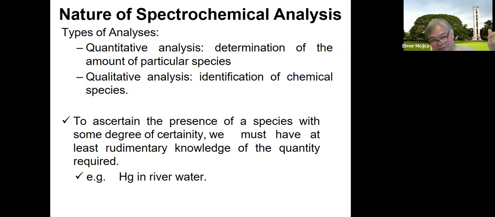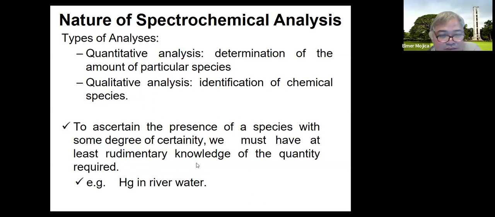So the first thing that you're going to do is a qualitative analysis that answers the question, is it present? Okay. So if the answer is yes, it is present, the next thing that you're going to do is ask how much is present. So at least we have a rudimentary knowledge of the quantity that is required. For example, mercury in the river water.